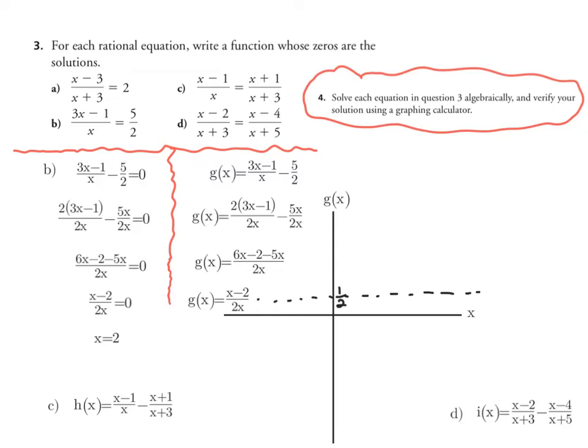It's going to have a vertical asymptote when the bottom equals 0, but not the top. Okay, so the bottom equals 0 when x is 0, but not the top. So at x is 0, we have ourselves a vertical asymptote. And it's going to have a 0 when the top is 0, but not the bottom. So 0 at x is 2.